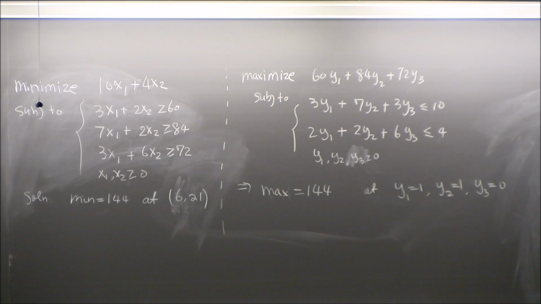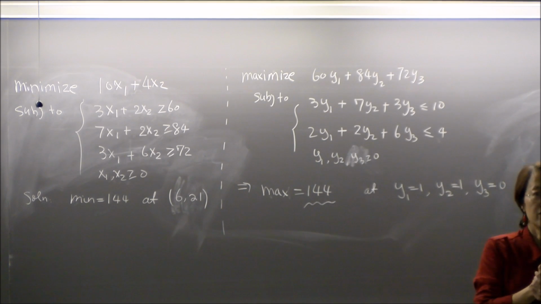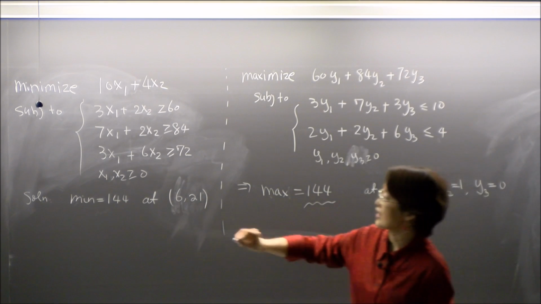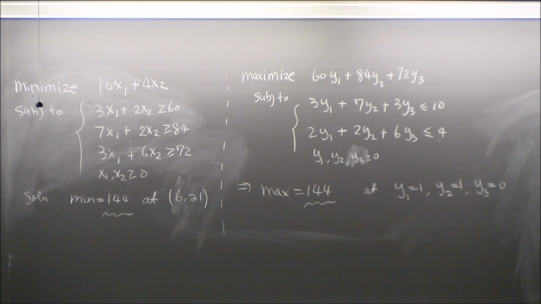Is that right? And his own profit is 144. This is exactly the solution to the problem that the farmer solved, where he tried to minimize his cost. So I think they can have an agreement, isn't it?